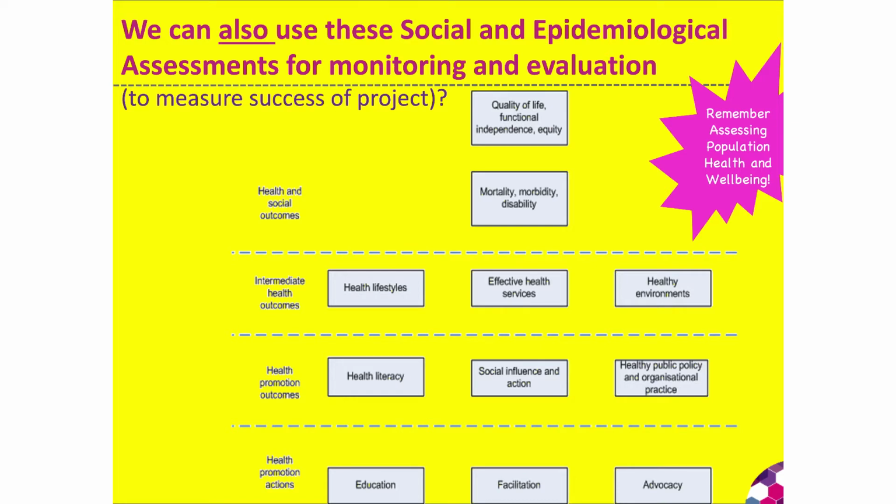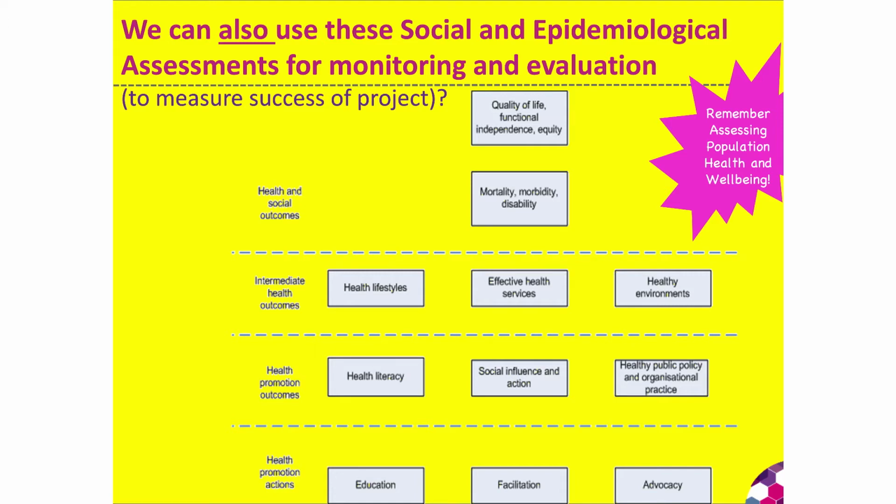And these in turn then lead to more specific and direct health and social outcomes such as changes in mortality, morbidity, and disability. Mortality is the number of deaths. Morbidity is the number of people with a disease, and of course disability in terms of the numbers of people having a chronic disability.